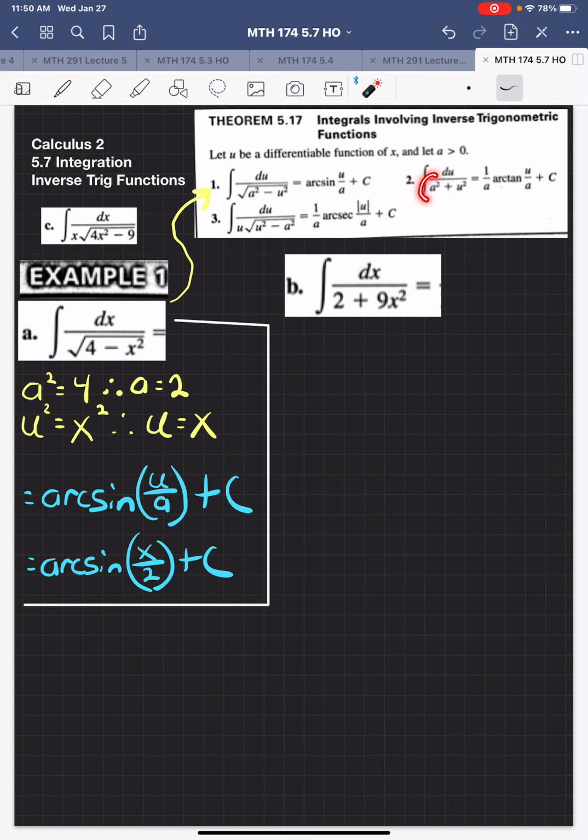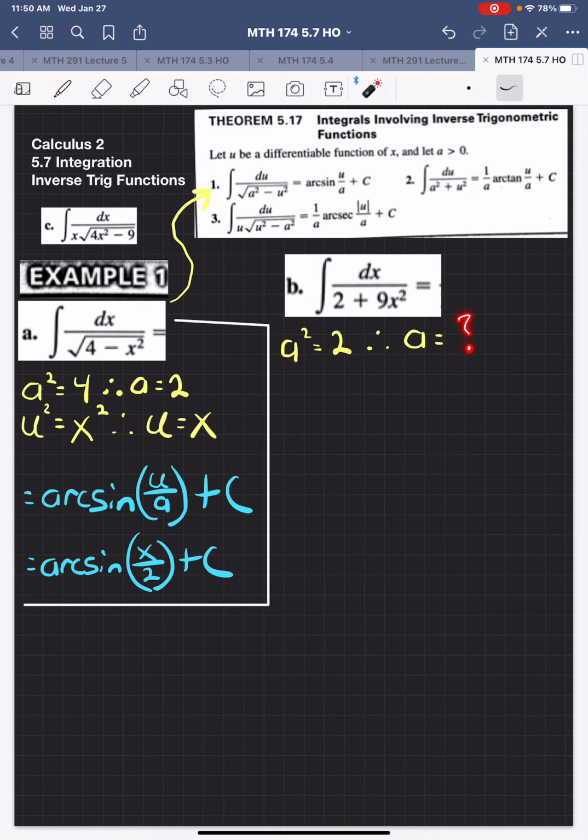We have a 2 where there would be an a squared, and we have a 9x squared where there would be a u squared. So let's use that to our advantage. If a squared is equal to 2, then a must equal what?